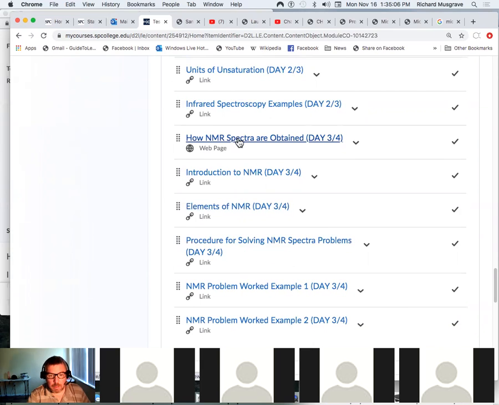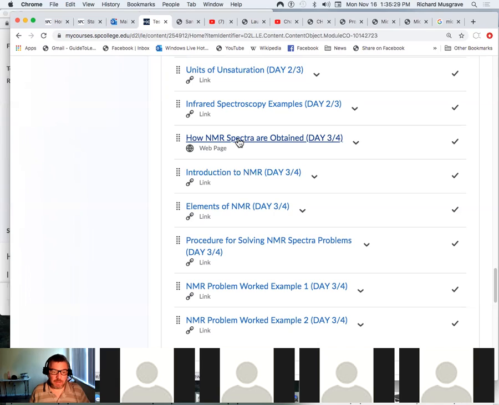Okay. All right. And I'm just going to show you a little bit here about how NMR spectra are obtained. Now, NMR stands for nuclear magnetic resonance. I think you've all heard of MRI, magnetic resonance imaging. It's exactly the same technique.